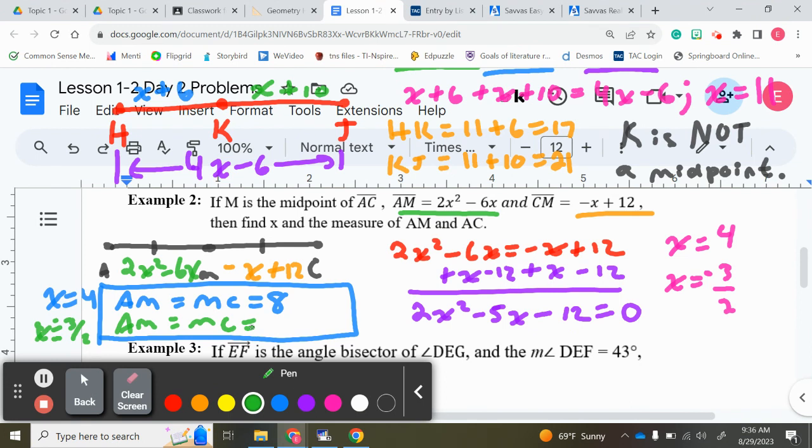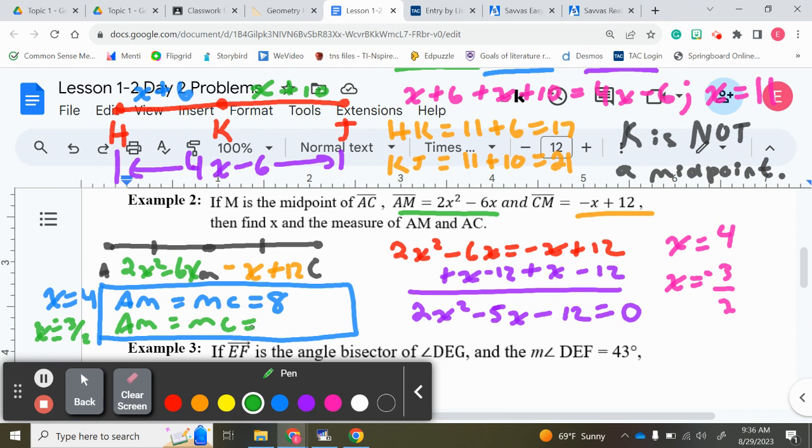What's it going to be? Negative, negative becomes positive. 1.5 plus 12, so it's going to be... Come on. I know someone has it. For -x plus 12 is 13.5. For the other one is 4.5.